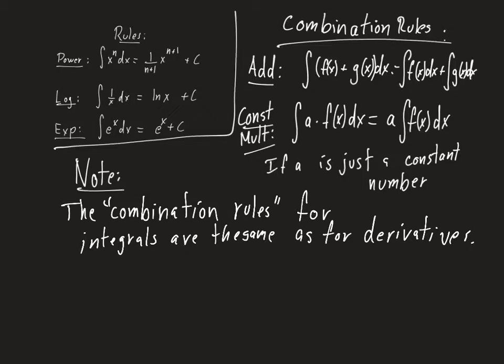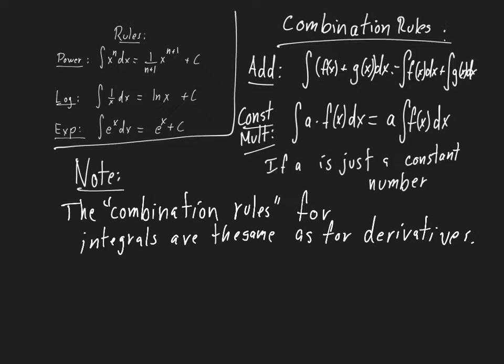For derivatives, if you're taking the derivative of a sum, that's just the sum of the derivatives. And if you have a constant multiple inside a derivative, you can just pull it out in front. The exact same thing is true for integrals. The integral of the sum is the sum of the integrals, and if you have a constant multiple inside an integral, you can just pull it out in front. So those two things are going to be exactly the same for integrals as they were for derivatives.